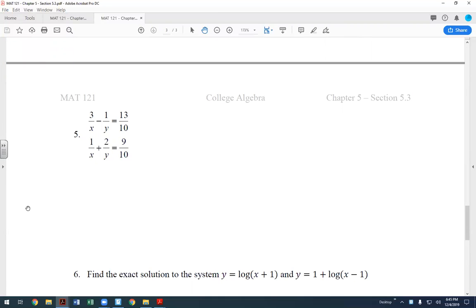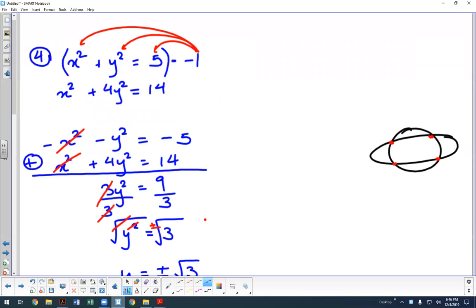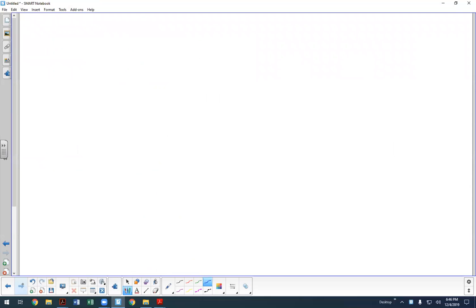Number 5, again, we're actually going to try and use the addition method to try and eliminate one of our variables. So let's go ahead and take a look at how something like that would work.